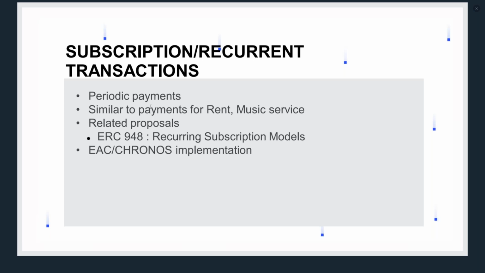So, a related proposal to the subscription or recurrent transaction is the 948, which our own Peter is one of the members of the working group. They do have meetings often, I think weekly, to keep abreast of the ERC which they're working to develop.